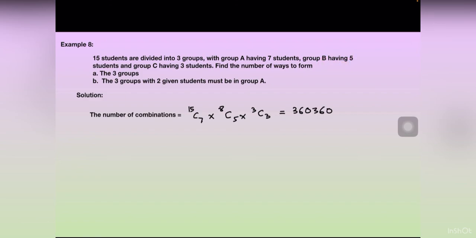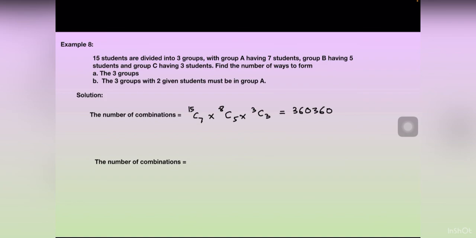The balance is 3, so 3C3, Group C has 3 students. You multiply these values, then we have 360 ways.